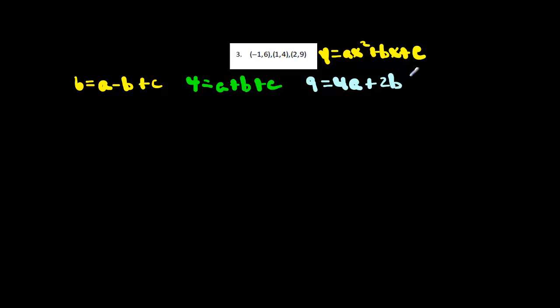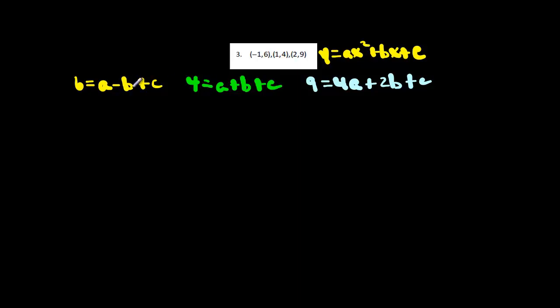The first point should give you 6 equals a minus b plus c. The second point should give you 4 equals a plus b plus c. The third point should give you 9 equals 4a plus 2b plus c.